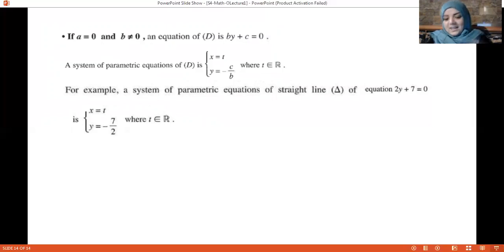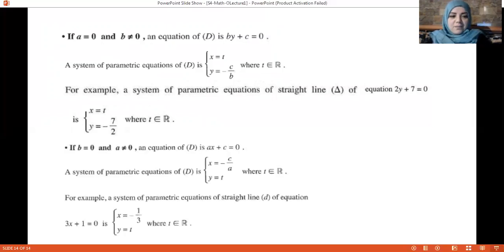And for example, if you have b missing, ax plus c, then you take y equals t, then x equals minus c over a. This is an example: we have the equation 3x plus 1 equals 0, then x equals minus 1 over 3, and y equals t.